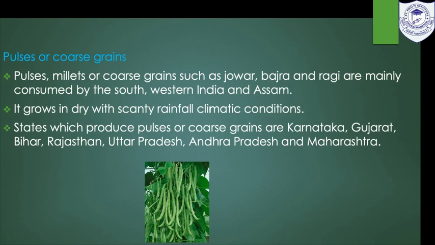It grows in dry climatic conditions with scanty rainfall. Scanty rainfall means less rainfall, almost no rainfall. States which produce pulses or coarse grains are Karnataka, Gujarat, Bihar, Rajasthan, Uttar Pradesh, Andhra Pradesh, and Maharashtra.